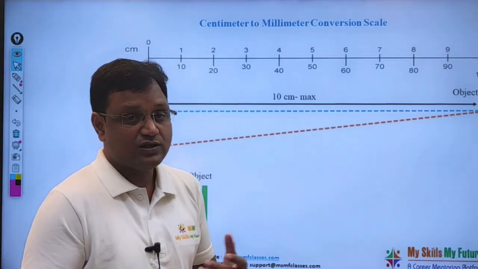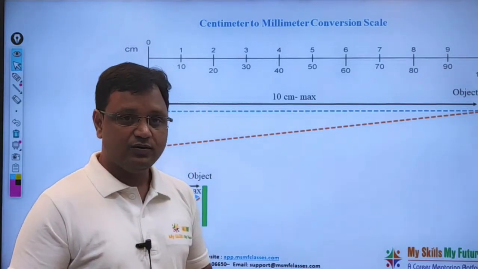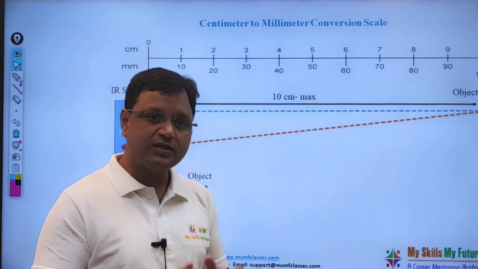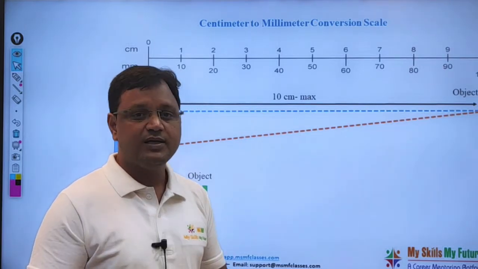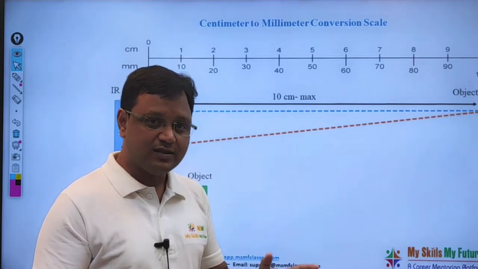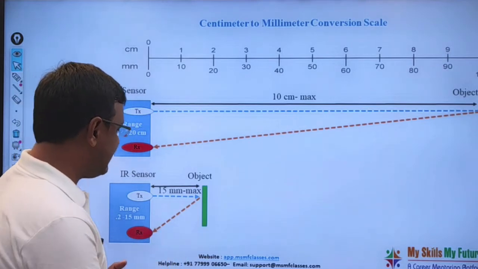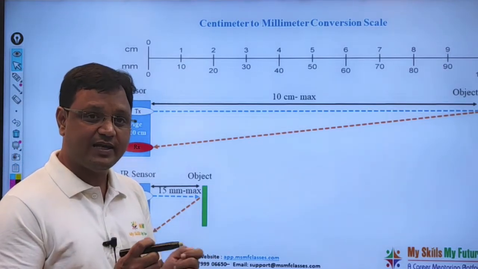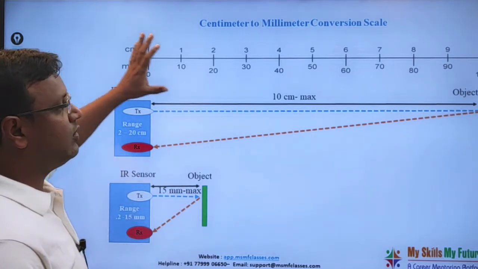So the selection of the sensor may be wrong. Then what will you think? Your project is wrong? No, your project is working absolutely fine. Where is the problem? The problem is in the selection of the sensor. You have selected a sensor with a long range. We want a sensor which can work in a minimum range. For your simplification, I have taken a scale here.